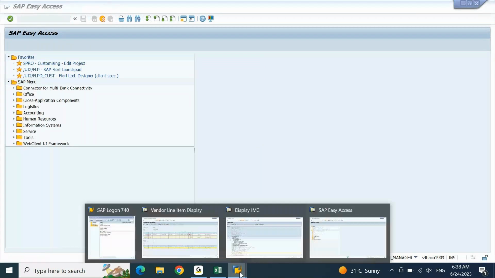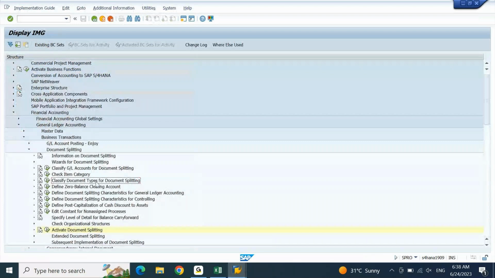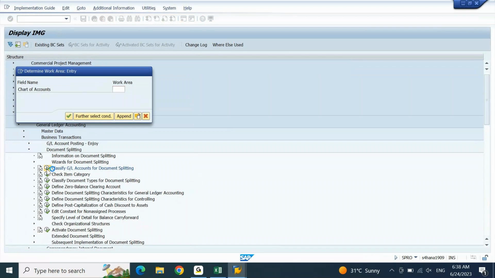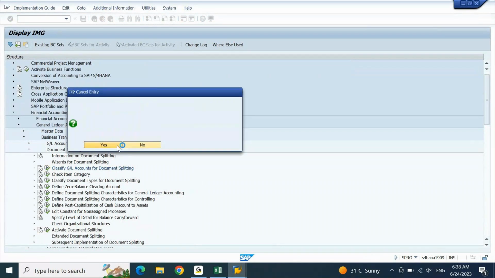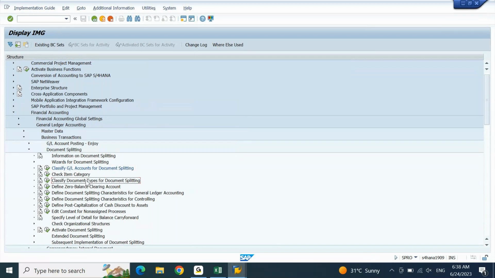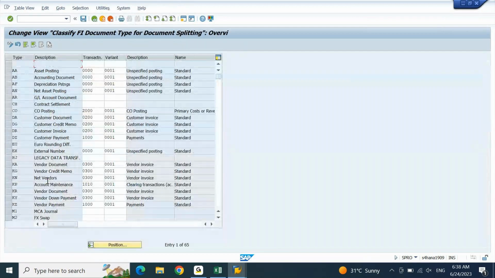What I will do, let me check the document splitting type for the document type. Exit, yes. Document type for document splitting. We are using the KZ document type. For the KZ document type, you are getting 1000 and 0001.